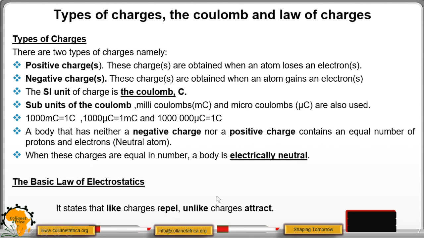But when you bring a positively charged body closer to a negatively charged body, in other words, when you have charges that are not similar, or unlike charges, then those two bodies are going to attract. Therefore, the basic law of electrostatics states that like charges repel while unlike charges attract.